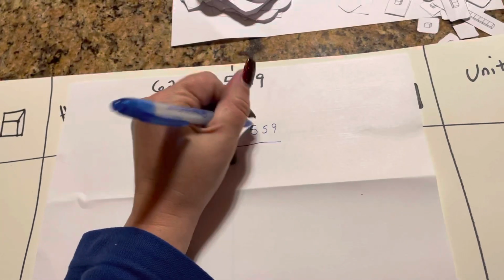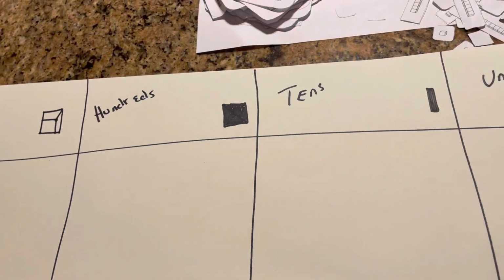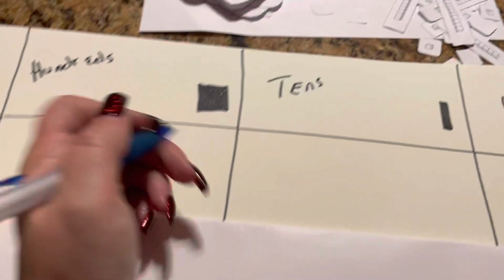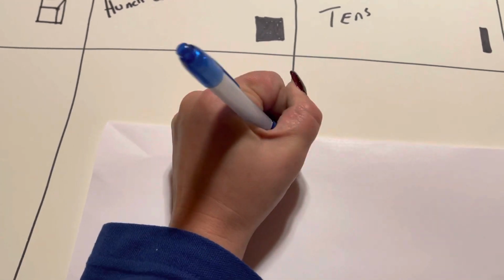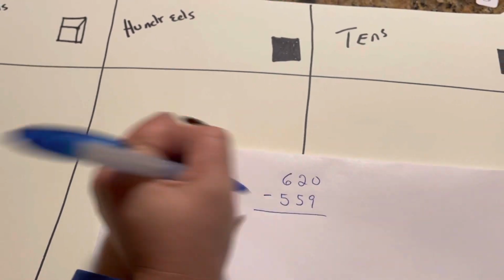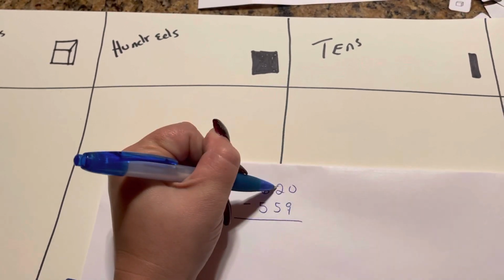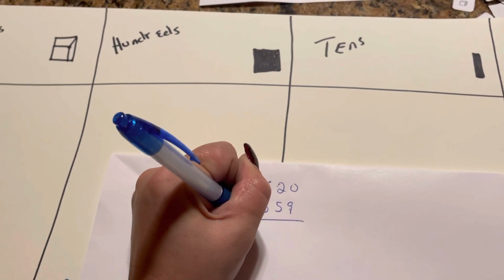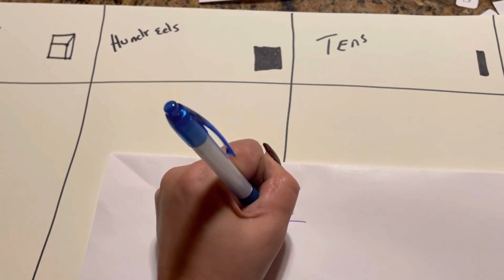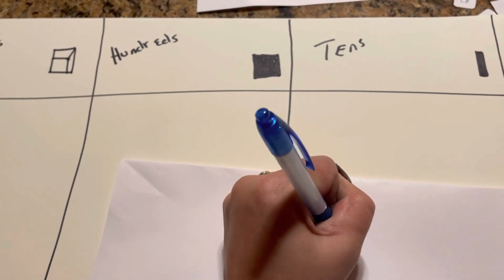Oh, I wrote it the wrong way, sorry. 620 minus 559 will look like that. And I know there's more on the floor, so I have to borrow 10 more. So to write this out, I would write 600 and put 10 to show the exchange.